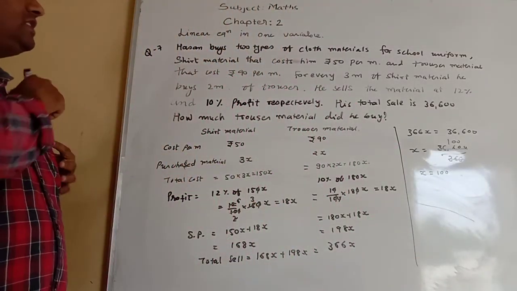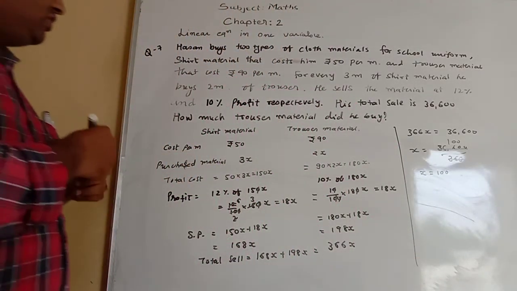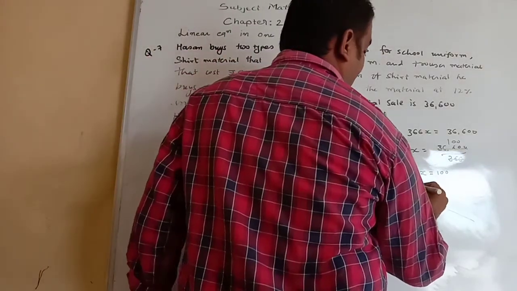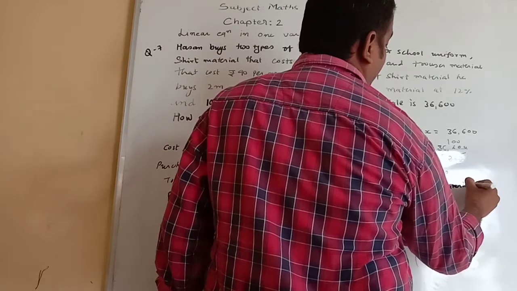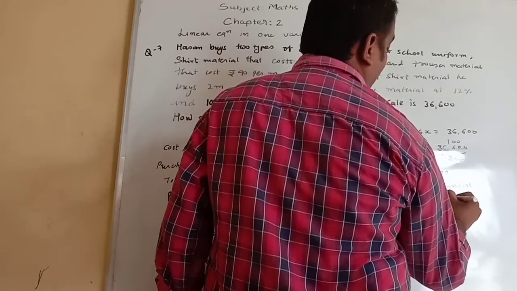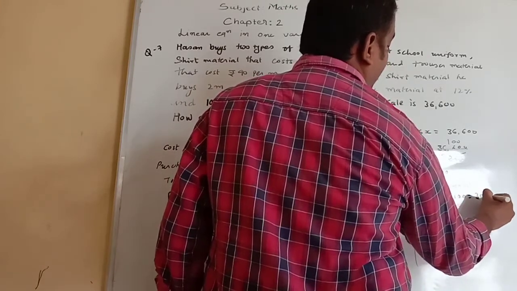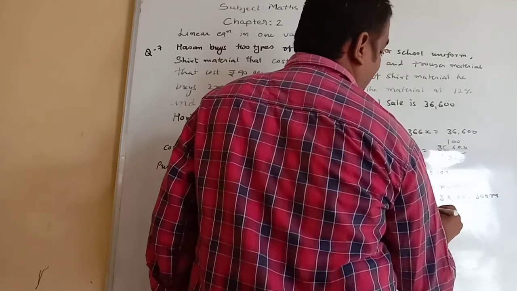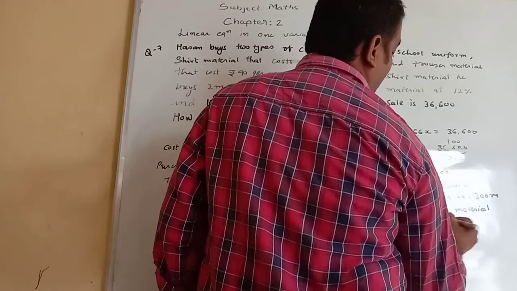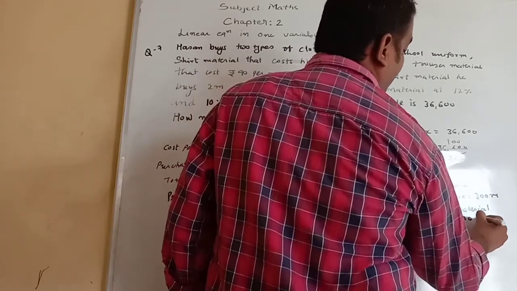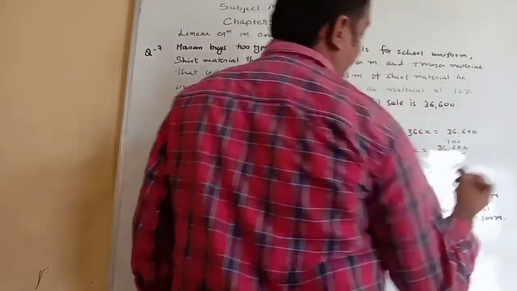So shirt material will be 3x, 3 into 100, 300 meters, and trouser material will be 2 into 100, it will be 200 meters.